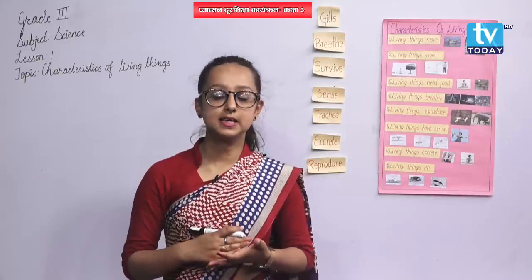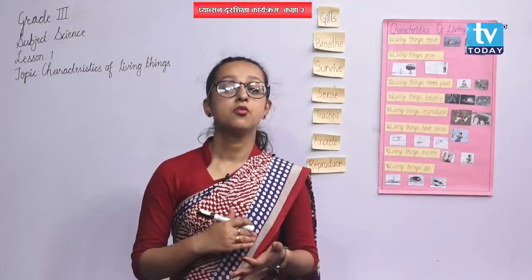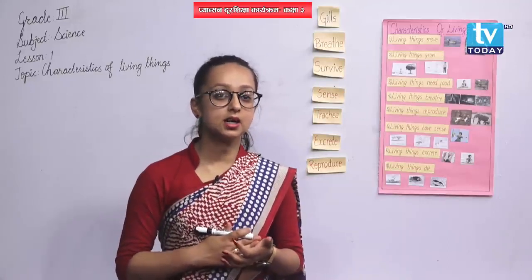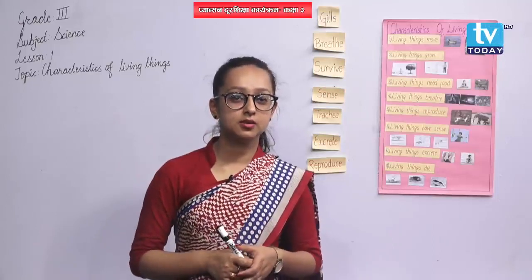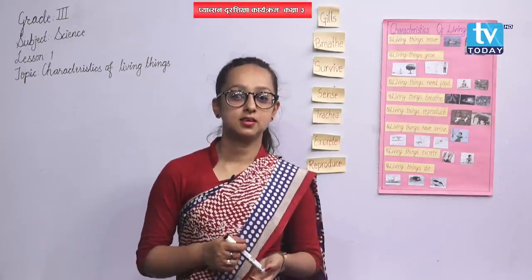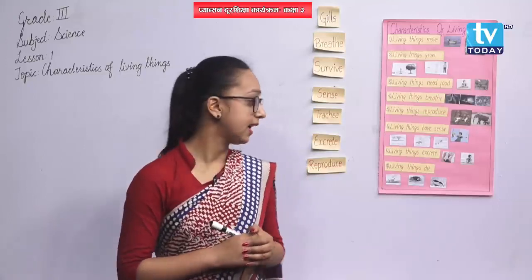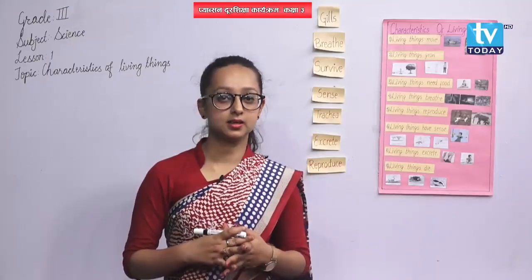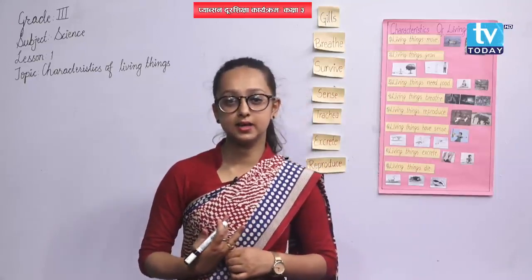So living things have a certain lifespan. They have come here with a certain lifespan and they exist here in that period of time only. They grow, they get old and they die. Every living thing dies. Even the plants, animals and also we human beings, we die. So, the next point is living things die.